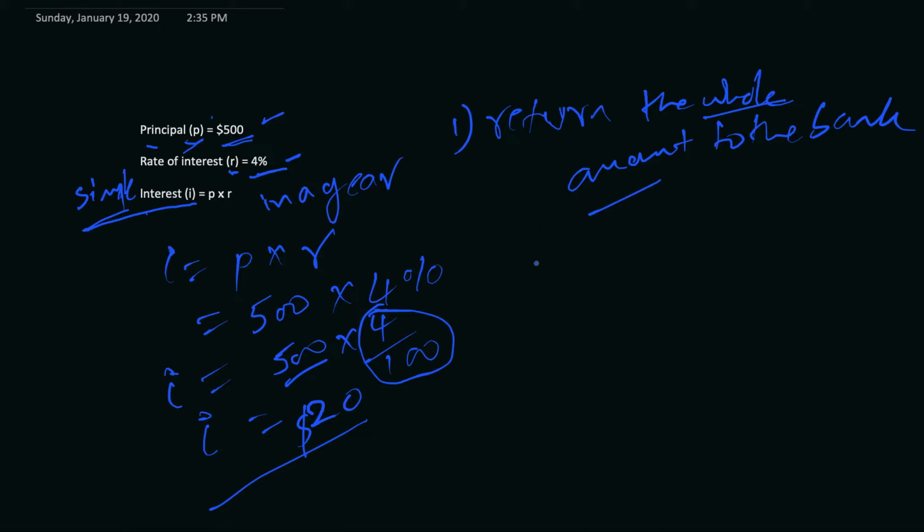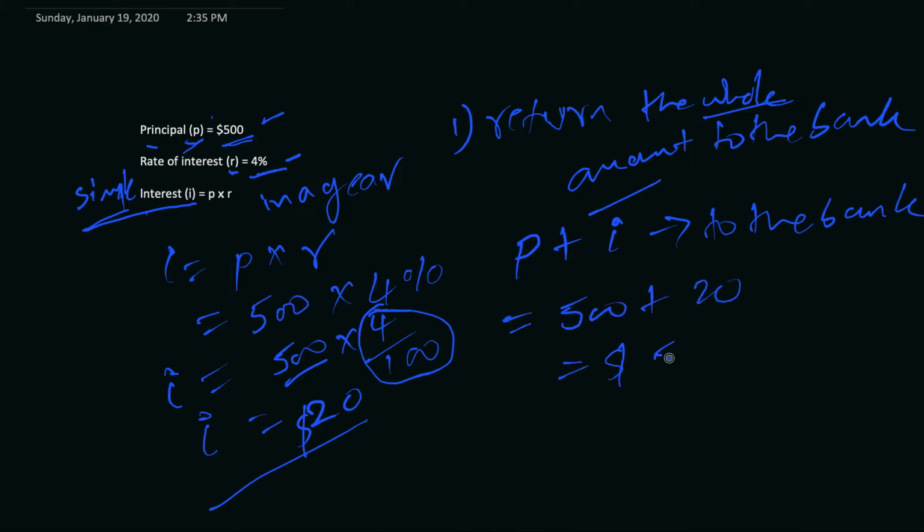Since you borrowed the money from the bank, you have to return principal plus the interest back to the bank. So this would be 500 plus 20, $520. So we have to return $520 if we borrowed $500 from the bank.